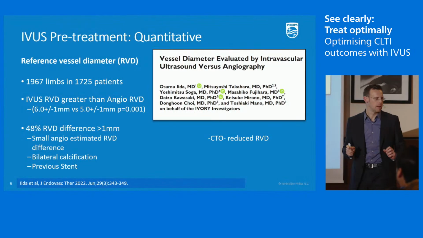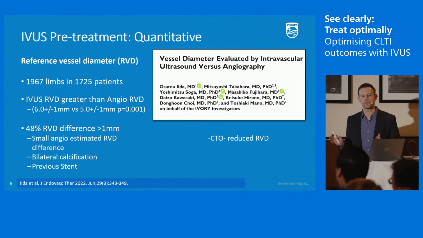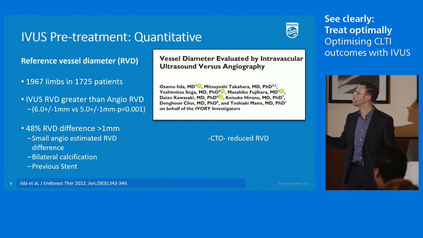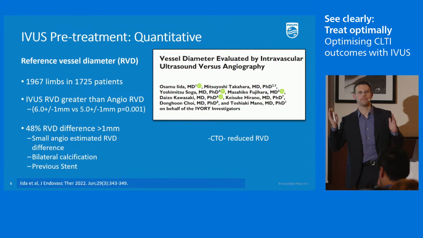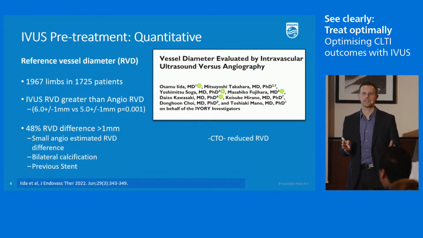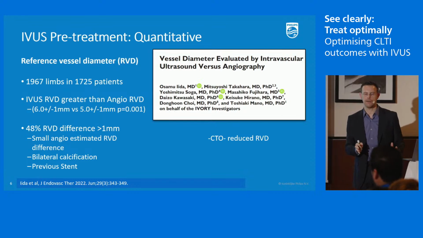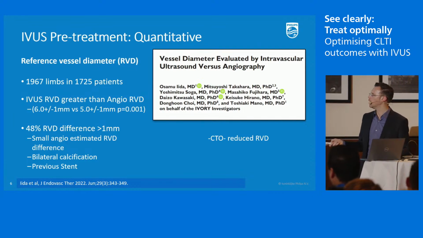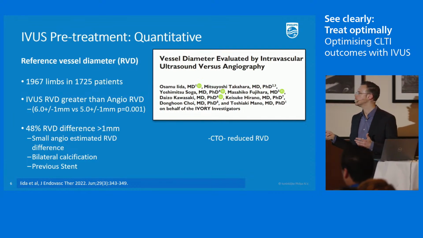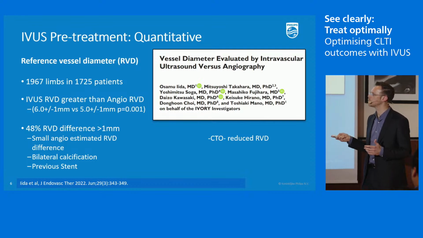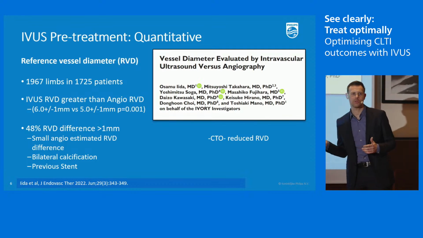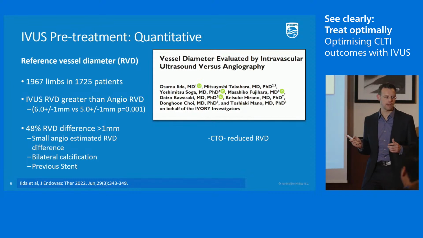I'm ever so sorry. But when we're thinking about RVD, we're comparing in this retrospective study RVD estimation from angiography alone versus that accurately measured through IVUS. And the results were, I'm sure you've all heard this, very much that IVUS demonstrates the vessels are at least 1 millimeter bigger than you think from this particular study.